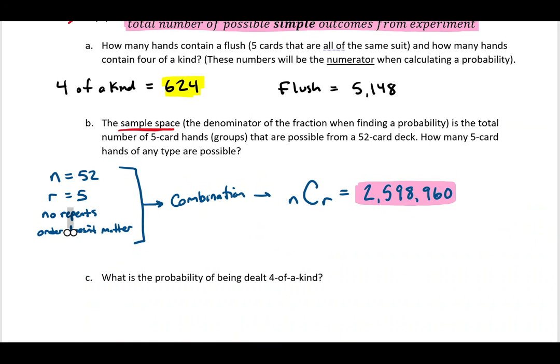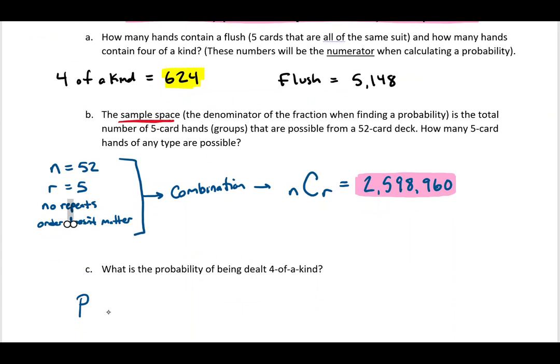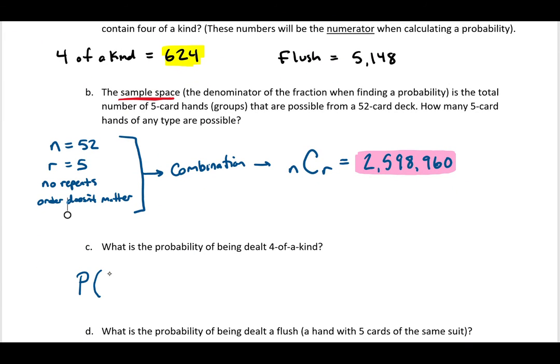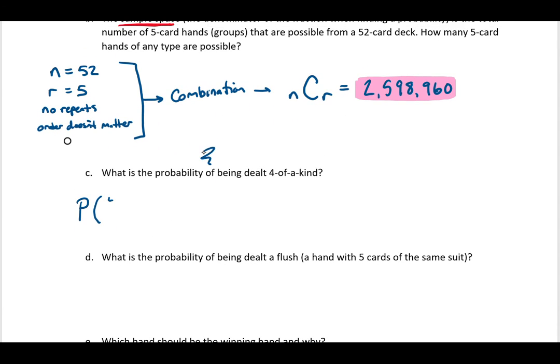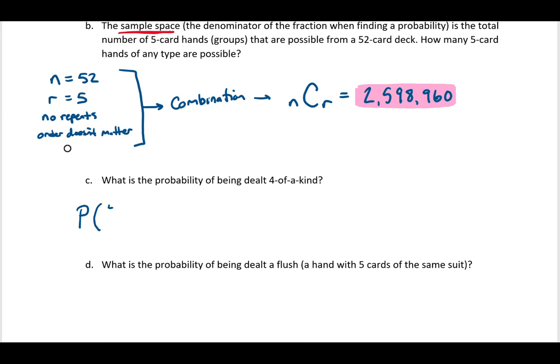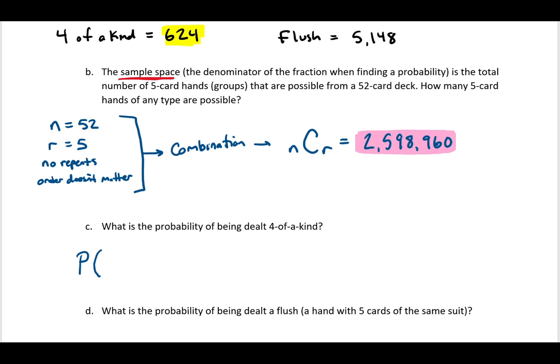So the probability of being dealt 4 of a kind should be 624 divided by 2,598,960.